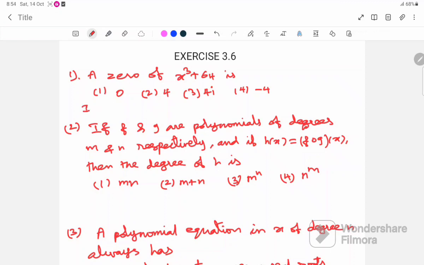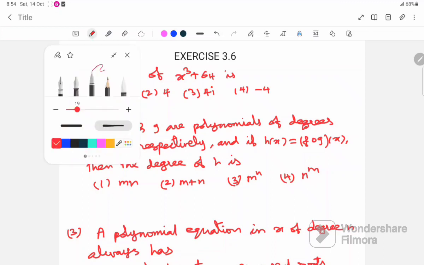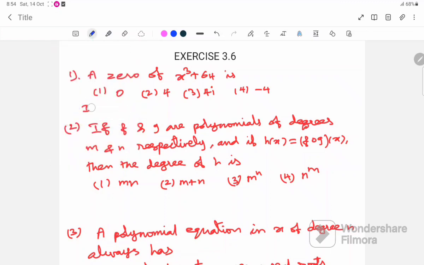If x equals minus 4, x cube plus 64 equals minus 64 plus 64, which is 0. The fourth option is correct. Hence the answer is the fourth option, minus 4.